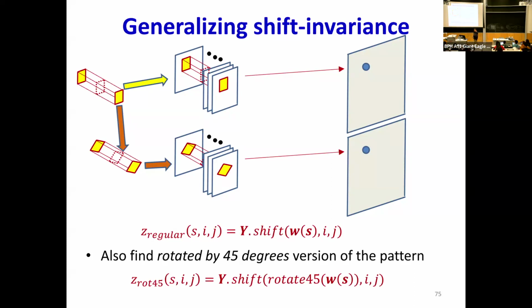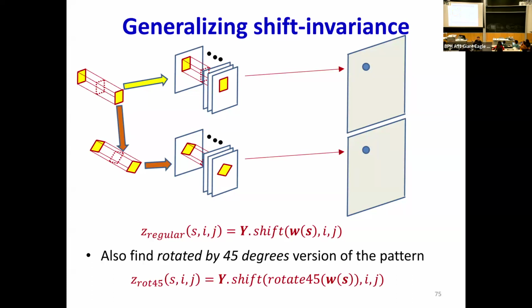If I have a single filter and I scan the input, how many output channels is it going to produce? Just one, right? Each filter produces one.